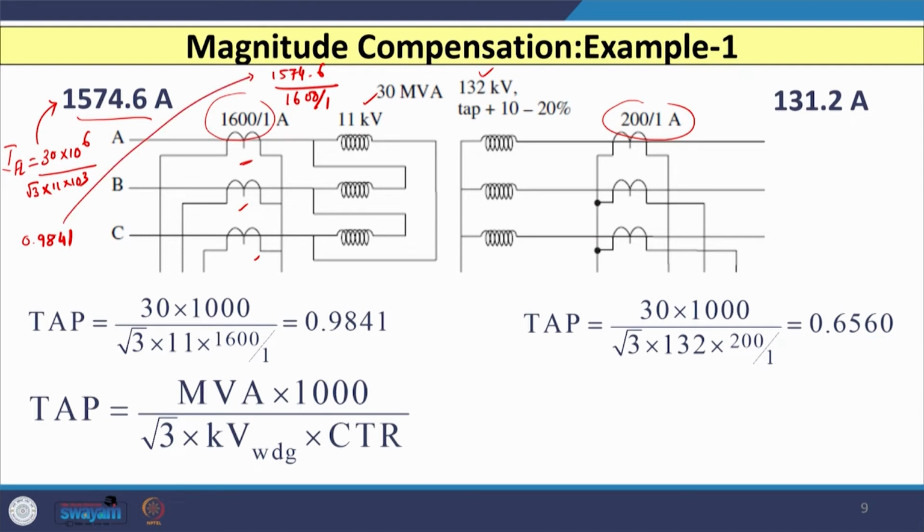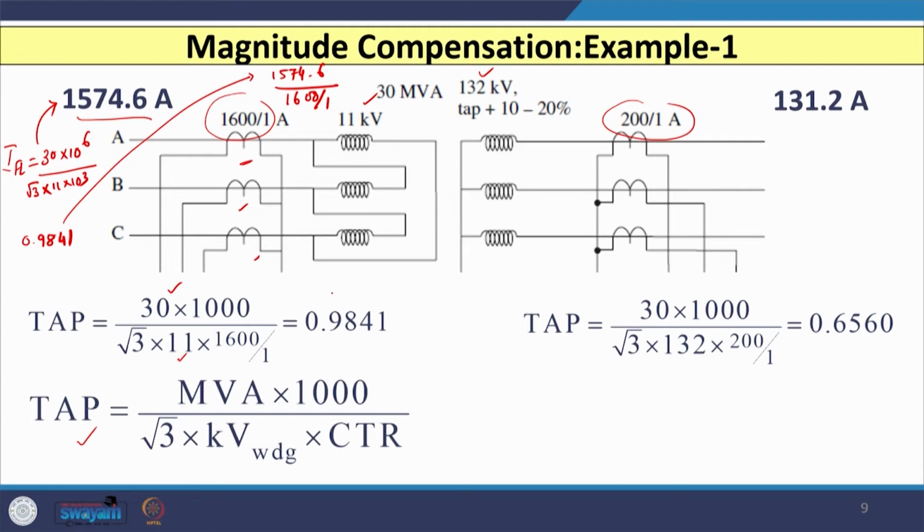Now, if I go to the previous equation, that is tap is given by MVA into 1000 by root 3 into kV rating of the winding into CT ratio, then if I put in the values, the MVA rating is 30, in the denominator we have the kV on the LV side, which is 11, and the CT ratio is 1600 by 1.